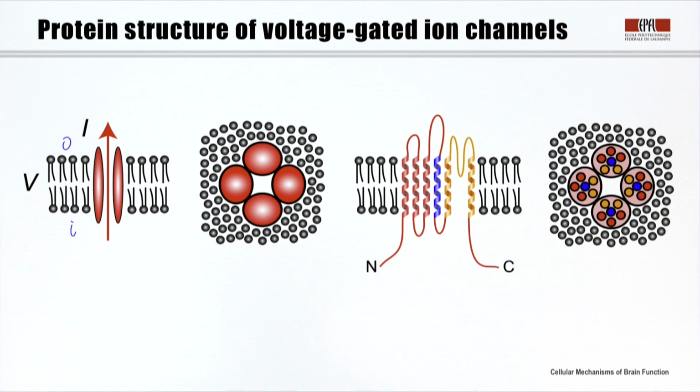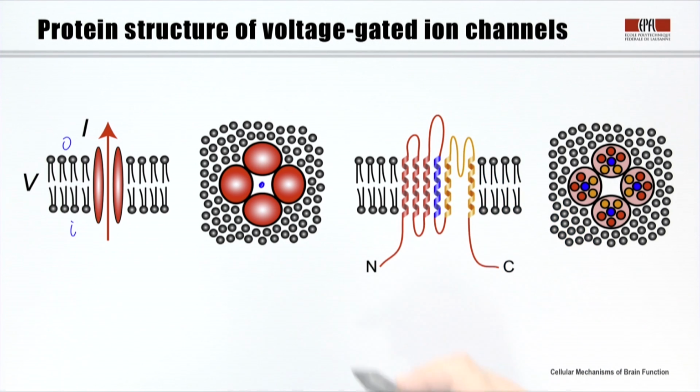Voltage-gated ion channels are composed of 4 similar subunits. Sometimes they're part of the same protein, sometimes they're part of different proteins that come together. In any case, they form a tight association, these 4 subunits, and down the middle, of course, is the ion conducting pore. Each of these subunits is composed of multiple transmembrane segments.